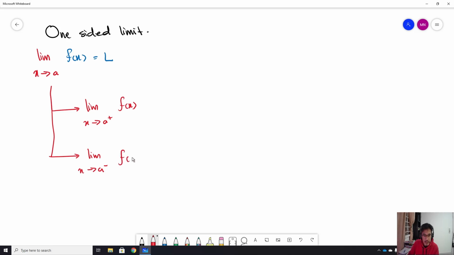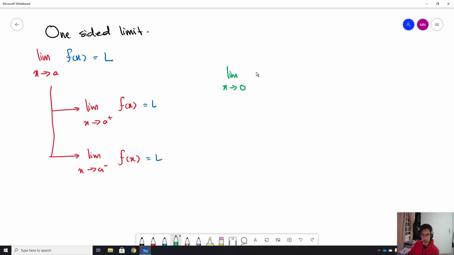That's why this is called a one-sided limit, and both of these will be equal to L.